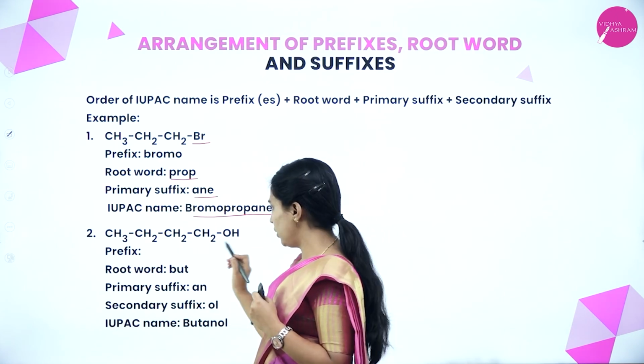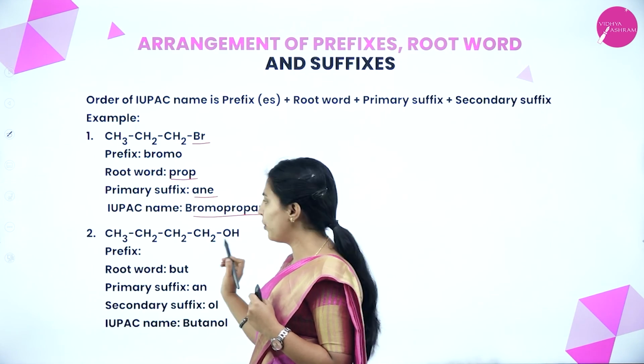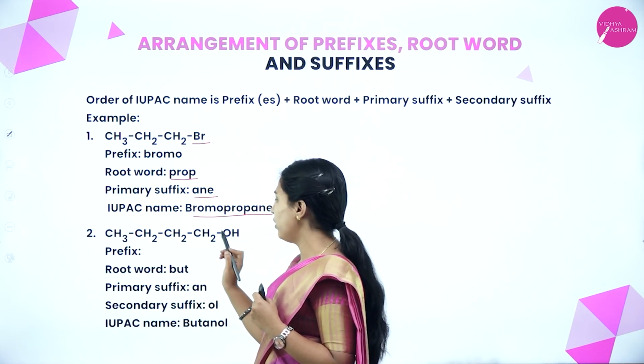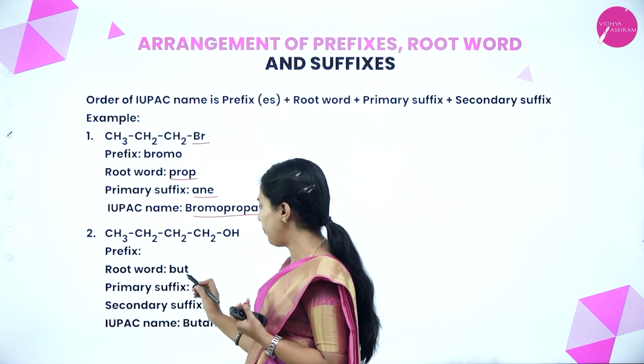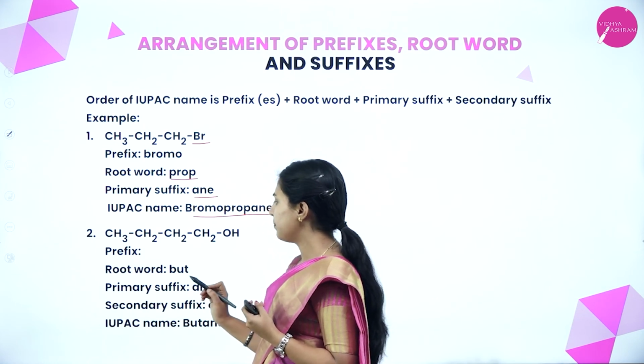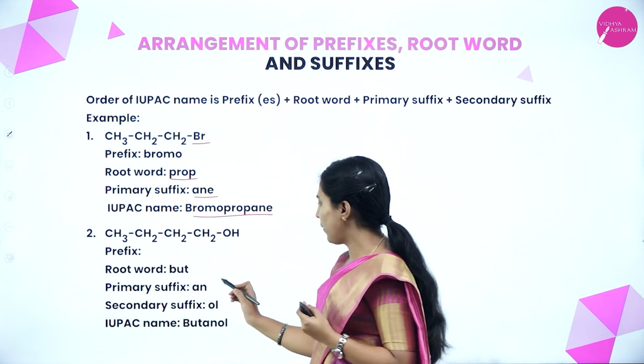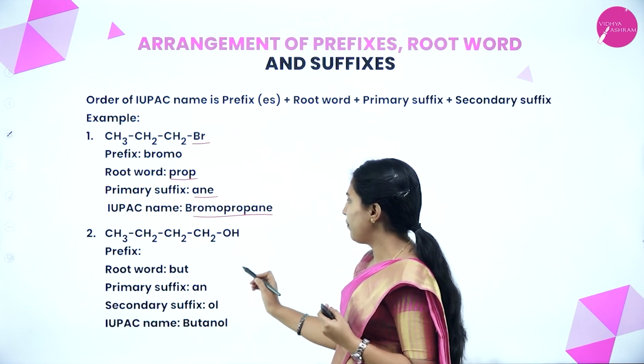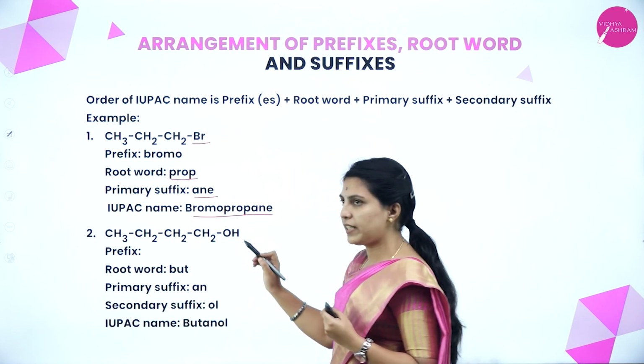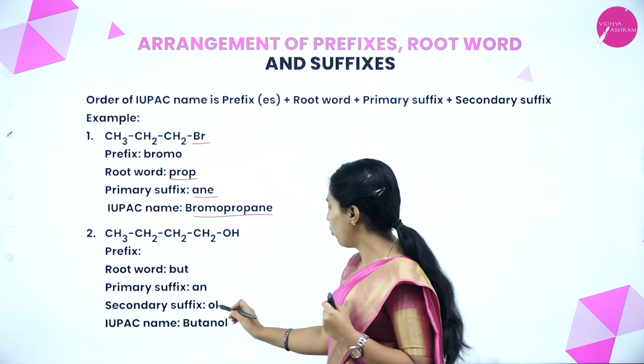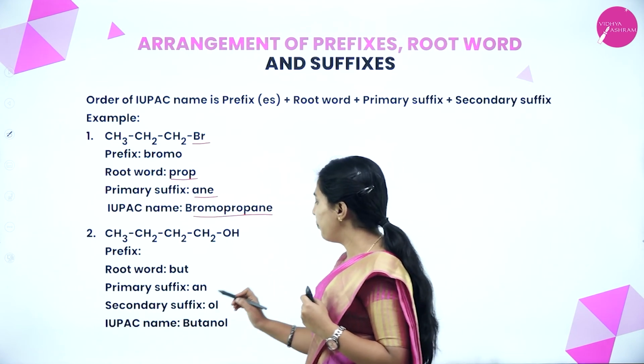See here. Nowhere is a prefix there in this compound. 1, 2, 3, 4. 4 carbon atoms, that's why but. Primary suffix, all are single bond, that's why ane. Secondary suffix, alcohol present, that's why OL. The overall, butanol.